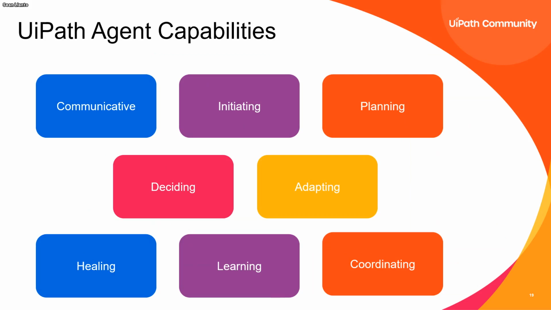It assesses and responds to live enterprise data. I was talking about healing agents earlier. Healing agents is one of the newly launched capabilities of UiPath, where it detects and recovers from broken workflows and helps you run them smoothly. It's also learning, where it retains memory from previous sessions and improves over time. And lastly, it works alongside other agents, robots, and of course people.